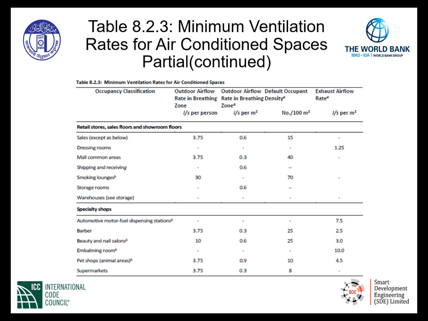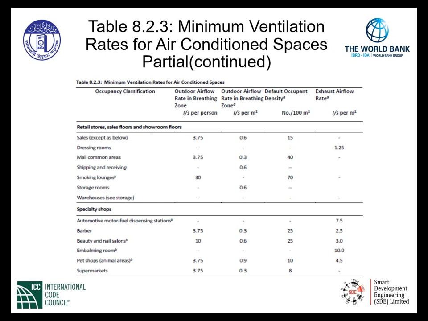The next column is 0.6 liters per second per square meter. That's our area flow rate. And we can calculate the people or the population in the zone by simply looking over the third column and running that ratio, if you will, in a calculation at 25 occupants per 100 square meters.